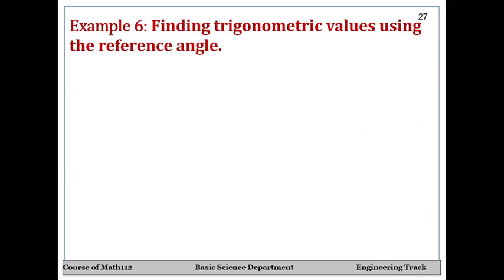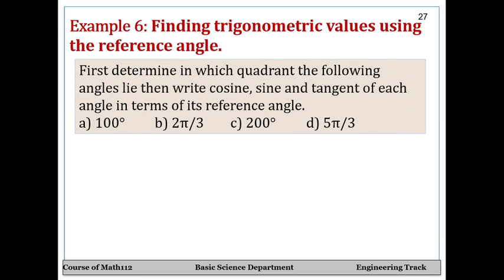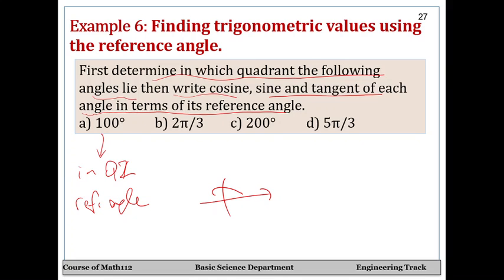Now we can use this in finding the trigonometric values. First, determine in which quadrant the following angles lie, then write cosine, sine, tangent of each angle in terms of its reference angle. This one is in quadrant 2, and its reference angle is 80, because if it is 100, its acute angle is 80.